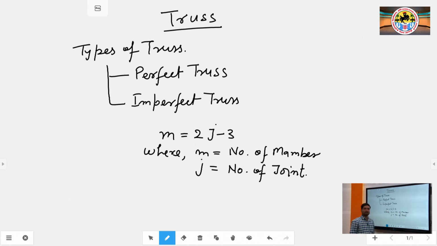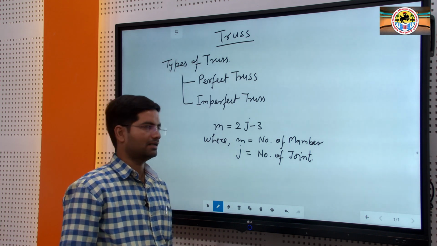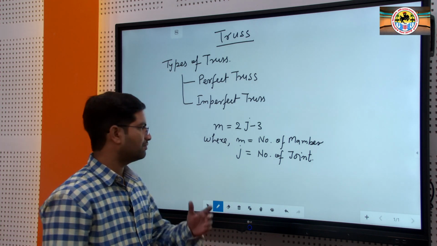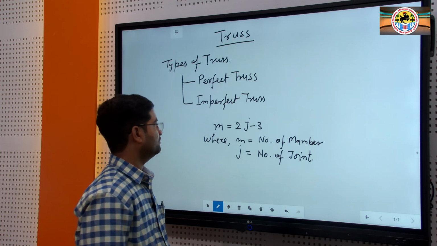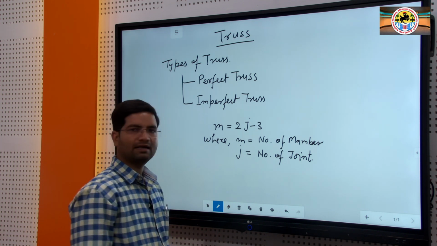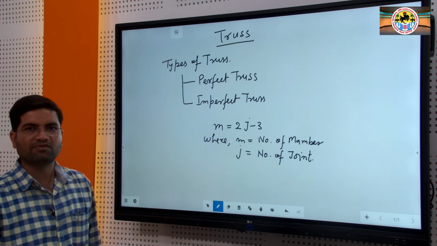Each and every truss has a certain number of members and a certain number of joints. So, by identifying the number of members and number of joints, we can clearly identify whether the truss is perfect or imperfect.